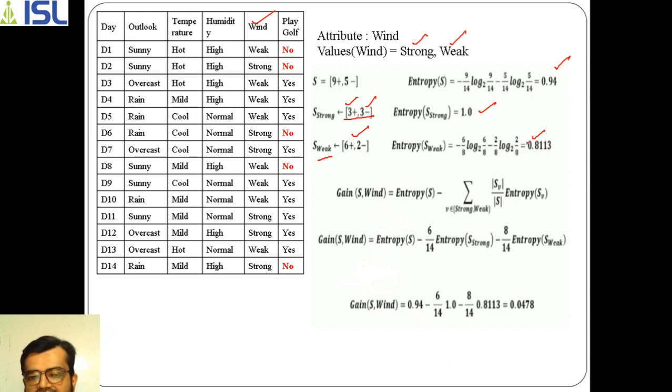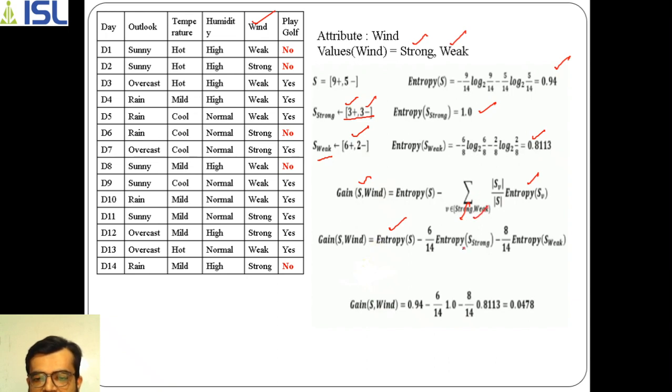Remember, the same formula we need to apply everywhere for calculating the entropy value. So this entropy we have calculated. Now for the information gain for the attribute wind with respect to the complete set S, we take the entropy of S minus the entropy of this attribute. This attribute contains the values strong and weak.